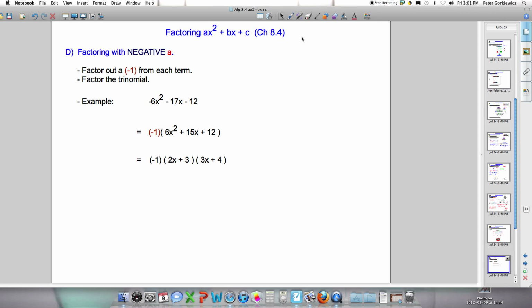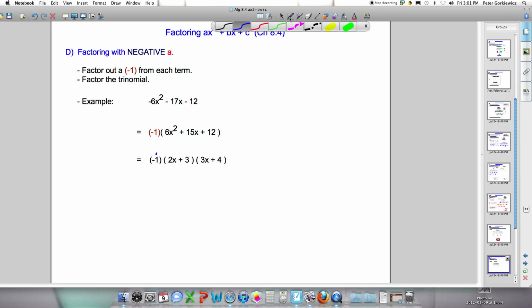Cool. You may run across some of these that have a negative a term. If they have a negative a term, factor the a out. It's kind of like saying we had negative 1 and we multiplied negative 1 into each term. Okay? So factor it out.